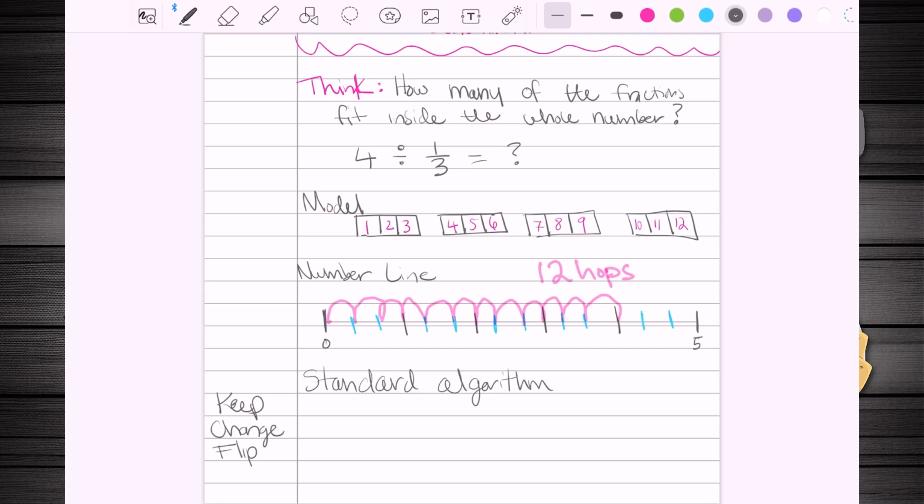Keep, change, flip. So we're going to write our problem out, 4 divided by 1/3. Now I want us to remember that division and multiplication are inverse operations. So highlight keep in pink, and then also the number 4.